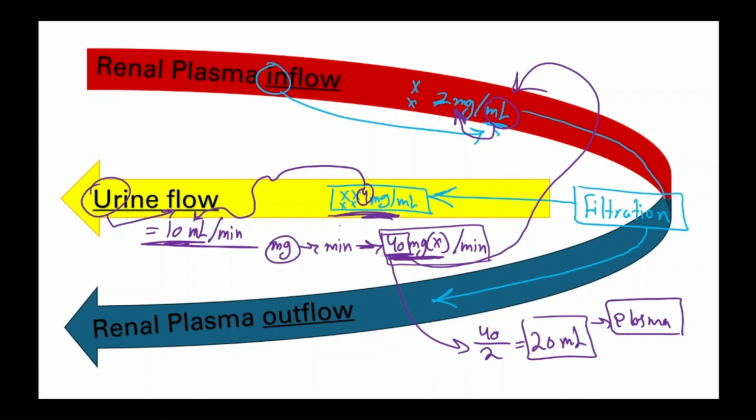So if we removed the 40 mg in the urine, that means that this 20 ml of the plasma is now completely clear of the substance X.